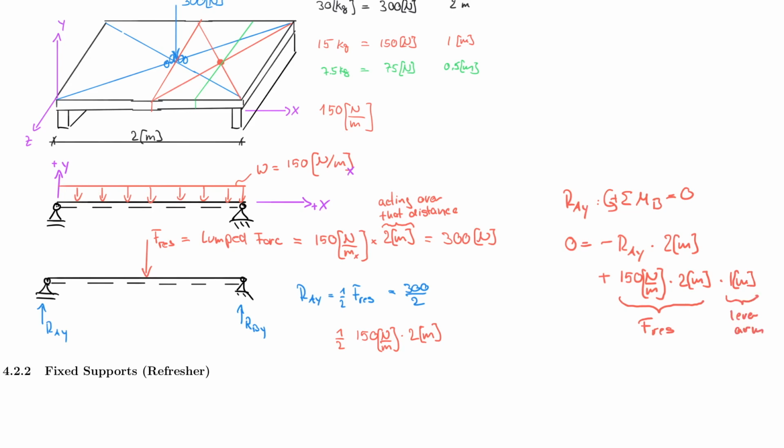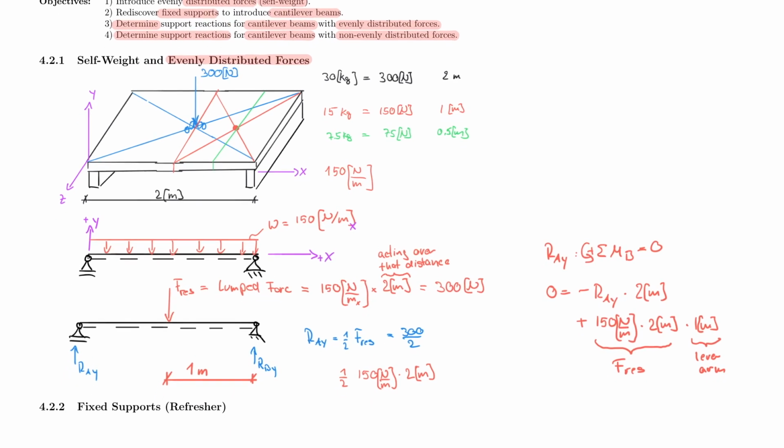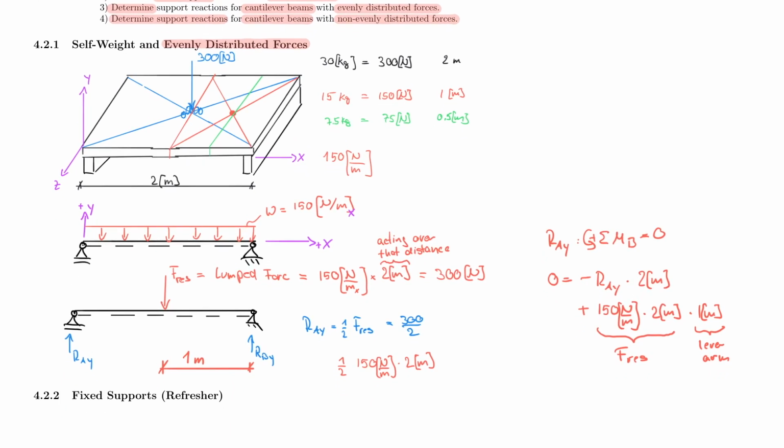And just because it's the very first time we're doing that, let's make sure that we understand that the distance here is what we're talking about. So we're talking about 1 meter here, because that is where the force is lumped. And this, of course, you can use for any type of distributed force. And I encourage you to really make sure that you follow this concept, because that is something you will use over and over again in your future assignments.